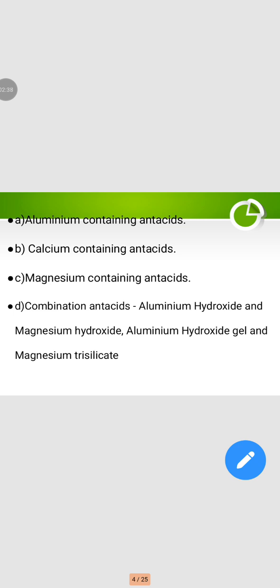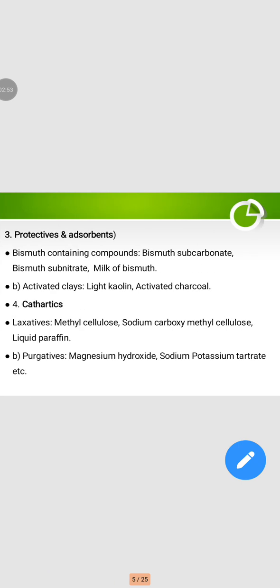The examples of combination antacids are aluminum hydroxide and magnesium hydroxide, then aluminum hydroxide gel and magnesium trisilicate.